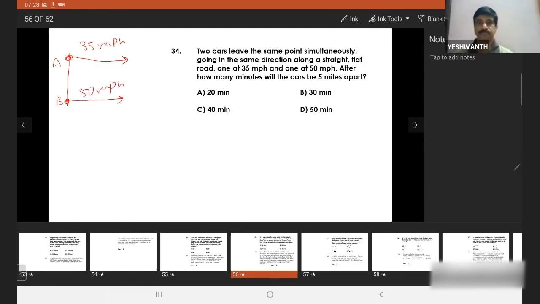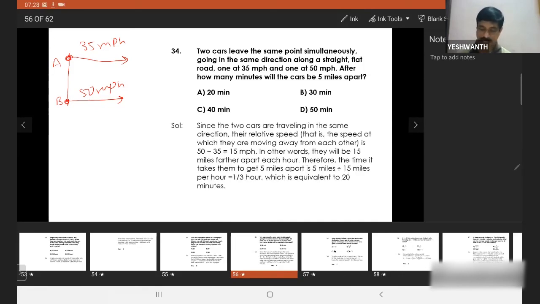Okay. After how many minutes will the cars be 5 miles apart? So let us say they are 5 miles apart after X minutes. X minutes means X by 60 hours. If you say X is the time in minutes, so X by 60 is hours.